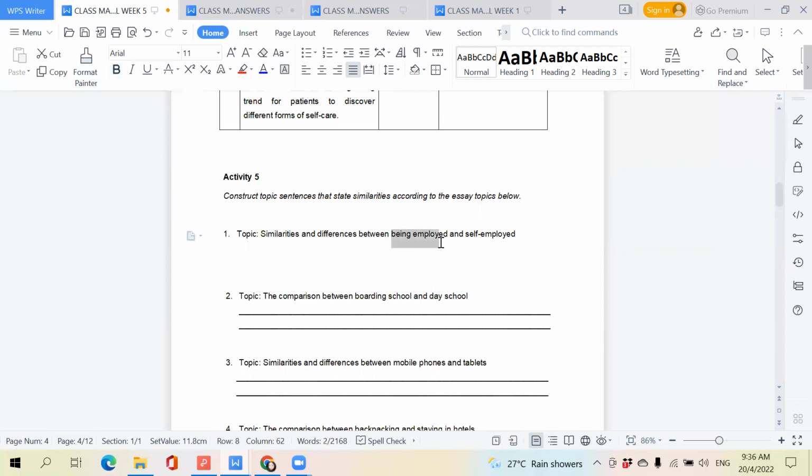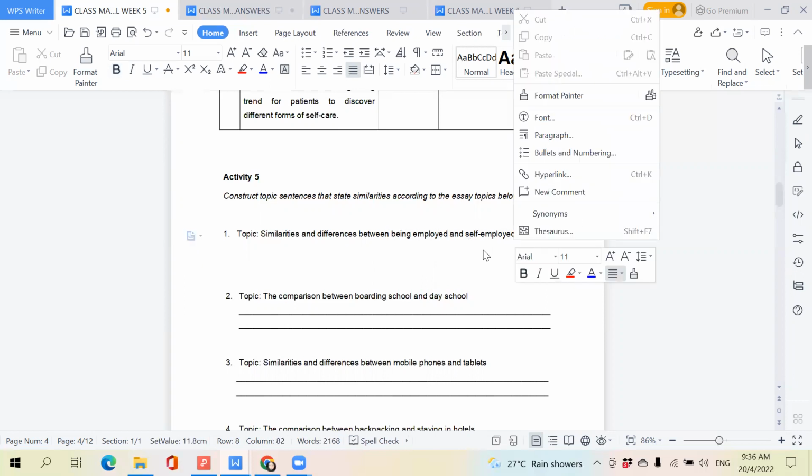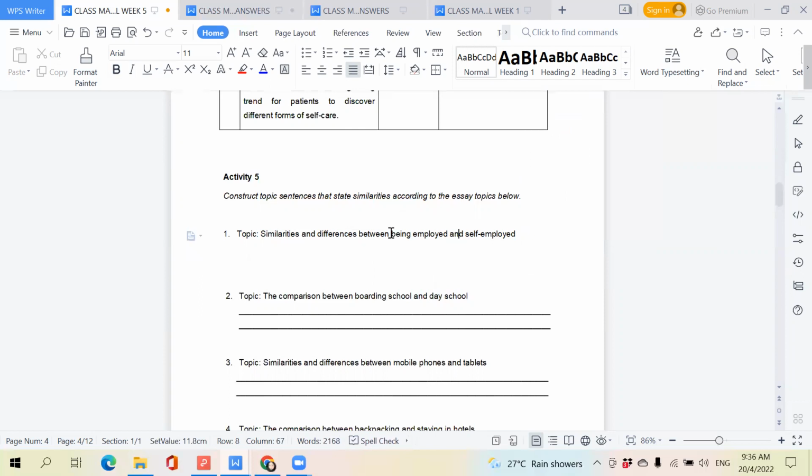This one, being employed and self-employed. So I'll just highlight this first. Being employed and self-employed is the topic. Next, similarities and differences. You don't want to talk about differences yet. Remember, we're just focusing on the first body paragraph. Therefore, we just want to look at similarities.